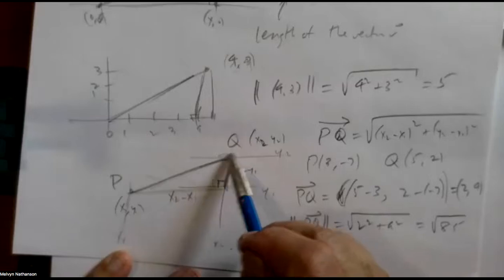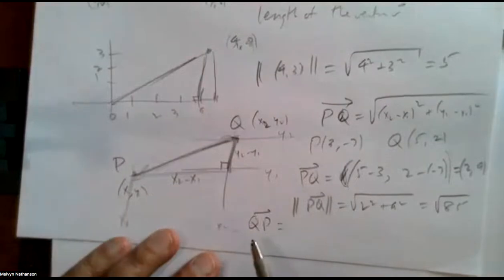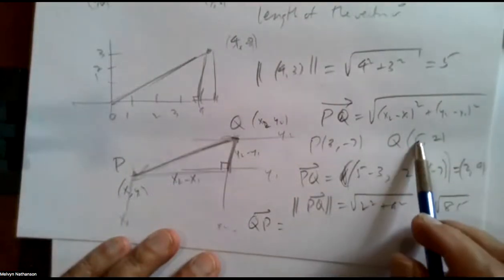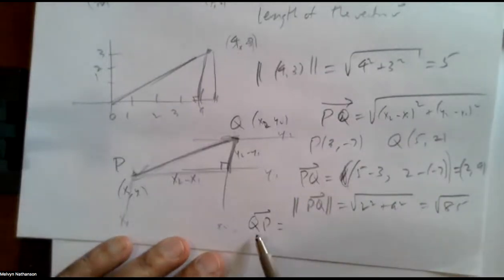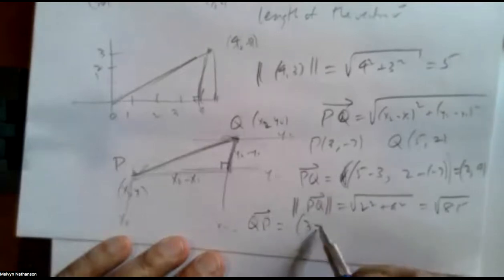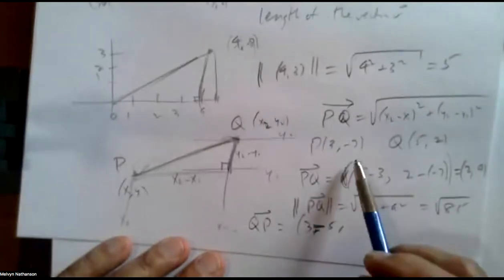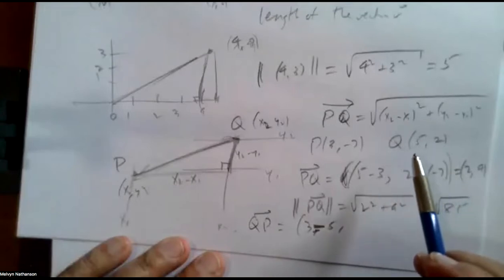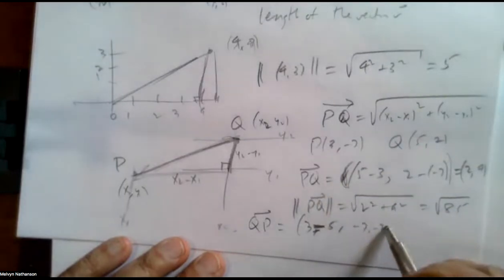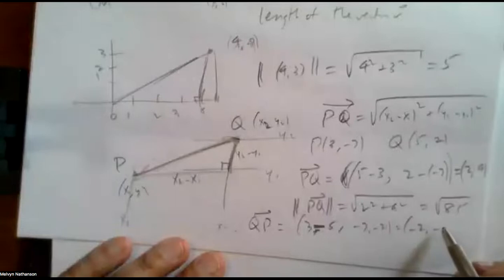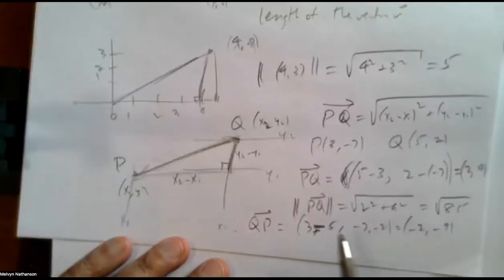Notice the length doesn't change if you look at the vector from P to Q or from Q to P. If you take the vector QP, its coordinates are going to be 3 minus 5, minus 7 minus 2, so that's (-2, -9).